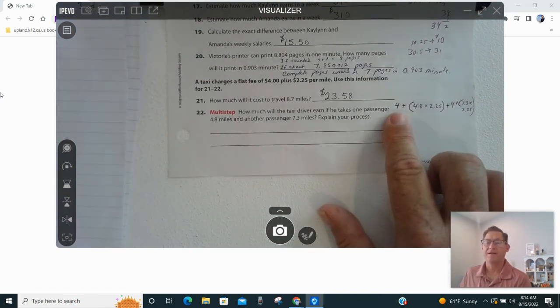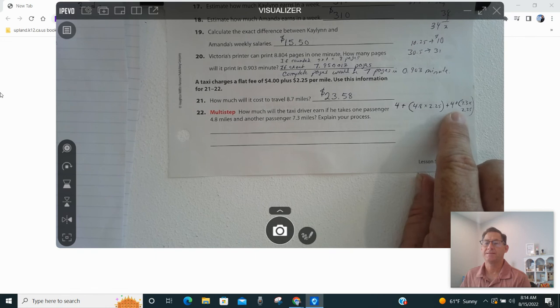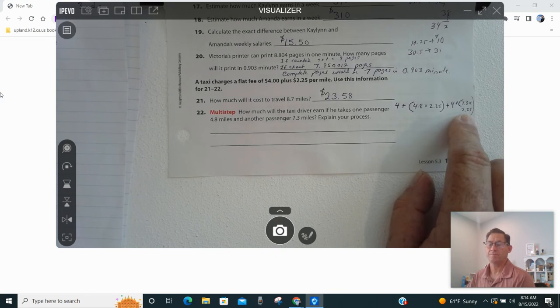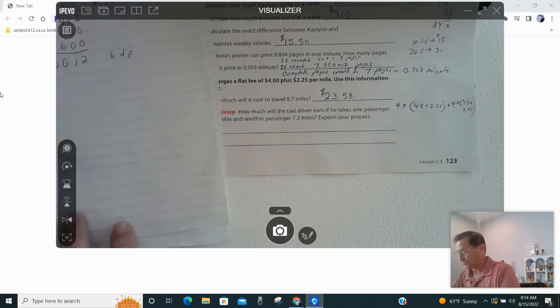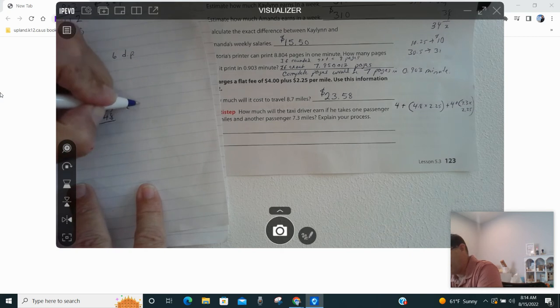So the flat fee plus the distance at $2.25 a mile, plus the other passenger at 7 3/10 miles for $2.25 per mile. So 2.25 times 4.8.